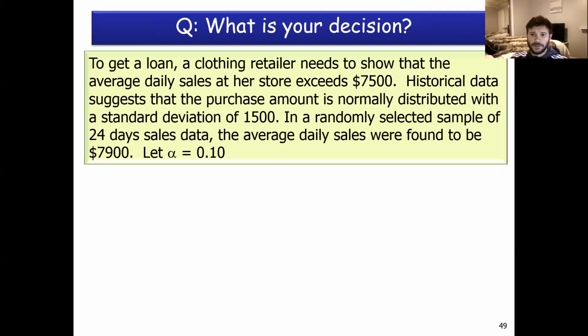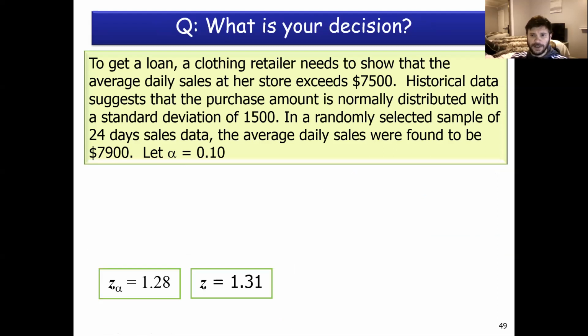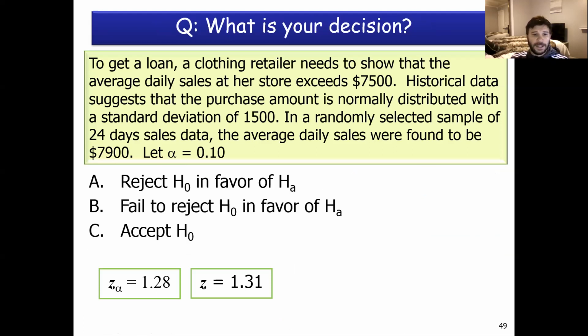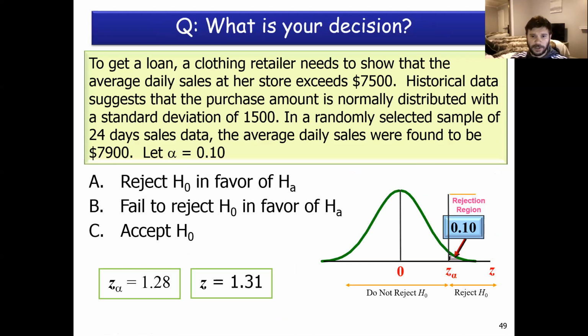So in terms of our decision rule, we have our critical z-value, which was 1.28, and we have our test statistic, which is 1.31. And again, I would always recommend drawing this diagram just so we're very clear about this. We had our rejection region defined by the z-value threshold of 1.28.